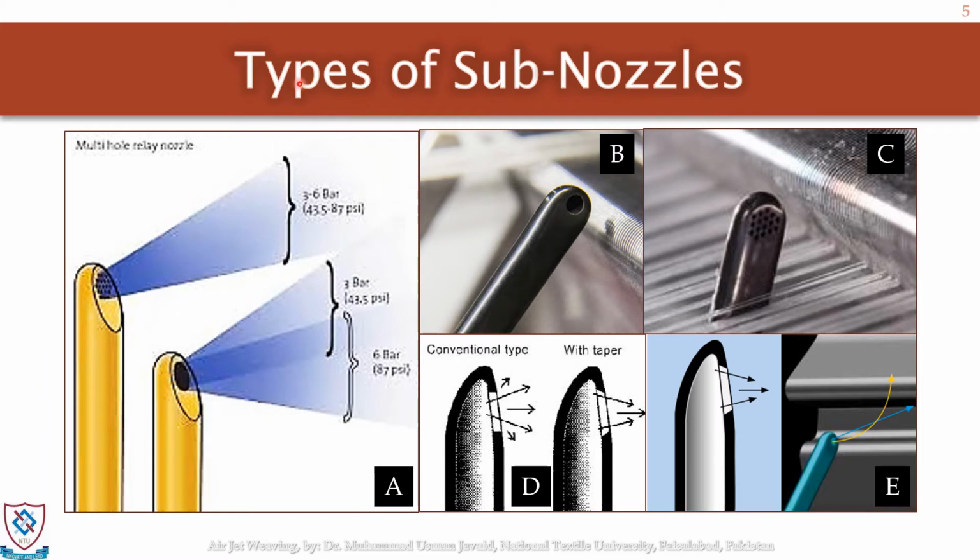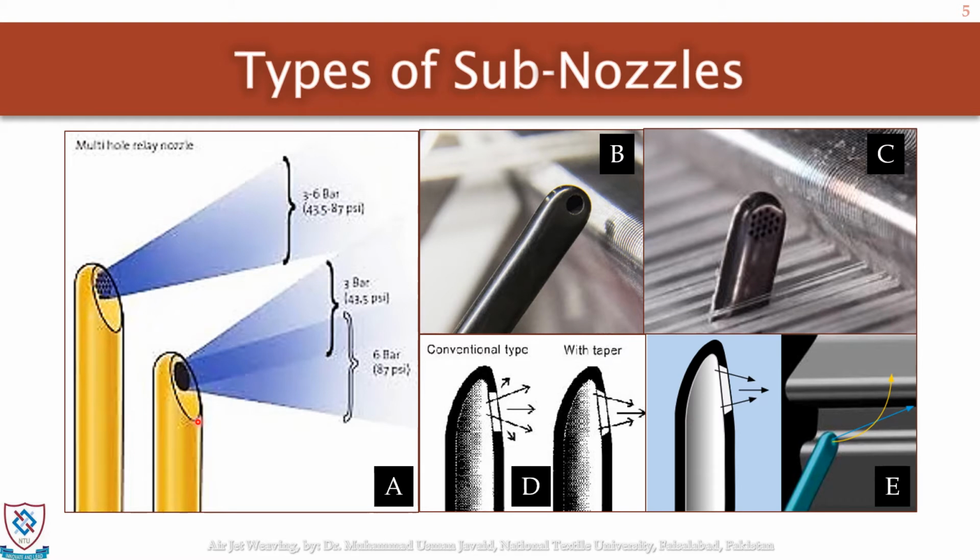If we continue with our types of nozzles, we can find basically two types of nozzles. One is single hole nozzles and the other is multi-hole nozzles. Various manufacturers support their manufacturing line, their manufacturing technique. For example, the manufacturers of multi-hole sub-nozzles support their technology, and the other manufacturers that are producing single hole nozzles for their air jet weaving machines support their point of view.